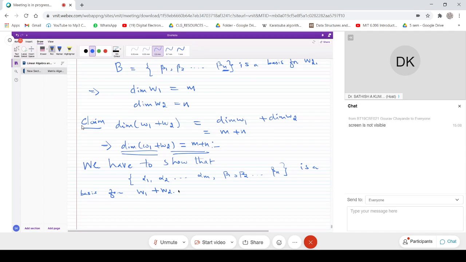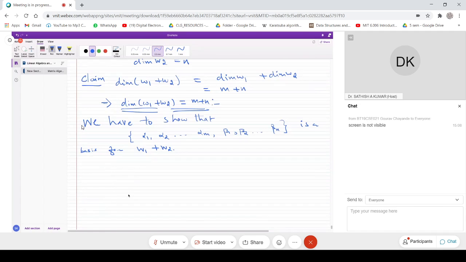So we have to show that alpha 1, alpha 2, etc., alpha m, and then beta 1, beta 2, etc., beta n is a basis for W1 plus W2.